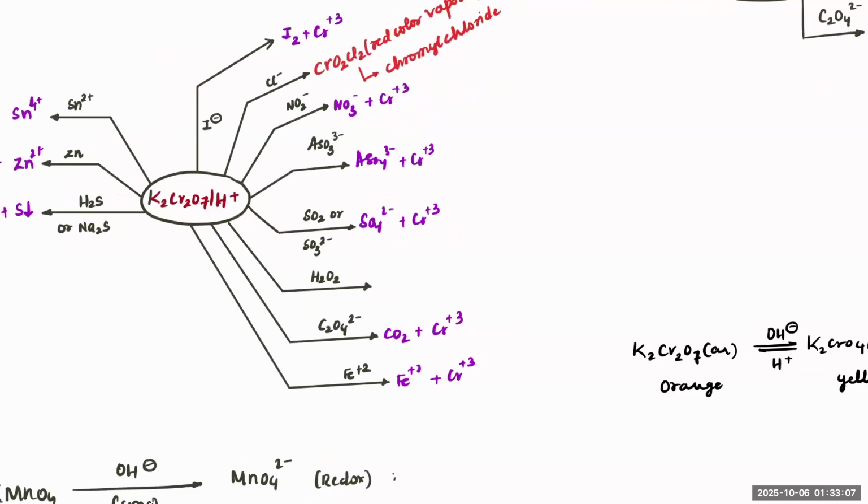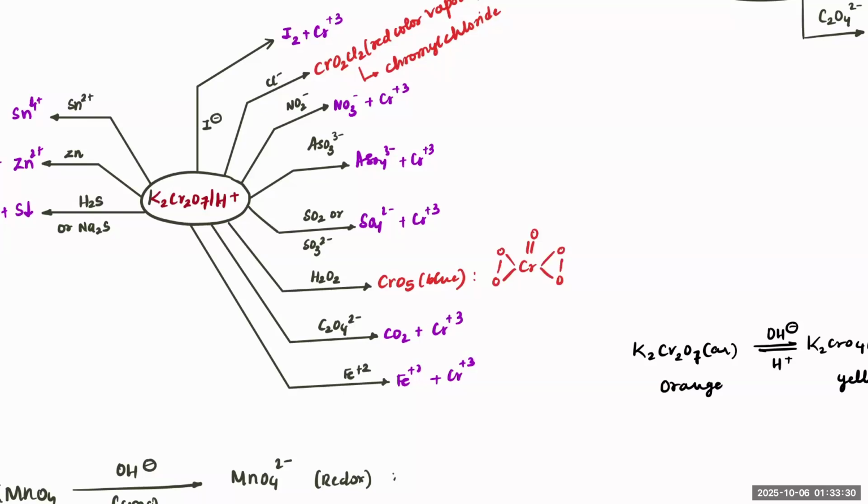When it comes to peroxide, same logic. Peroxide is also a stronger oxidizing agent in acidic medium. It will convert into a blue color solution, because of the formation of CrO5. CrO5 has a butterfly type of structure, which we have learned earlier. This is how it appears. This is blue in color.